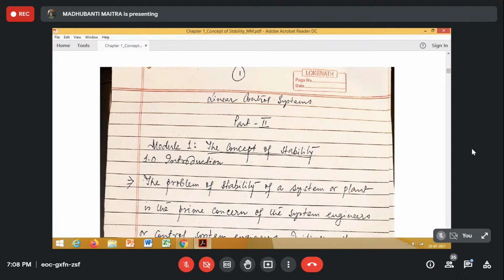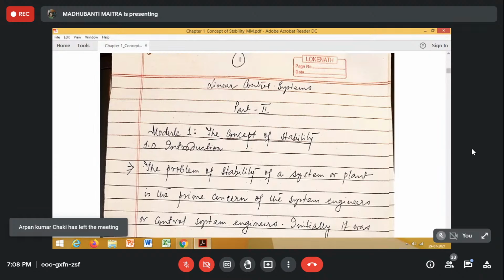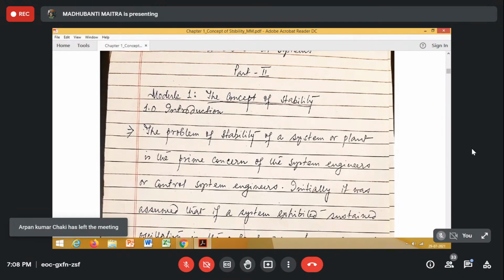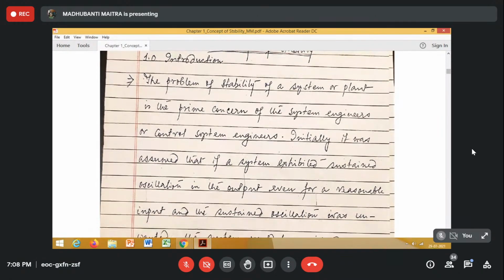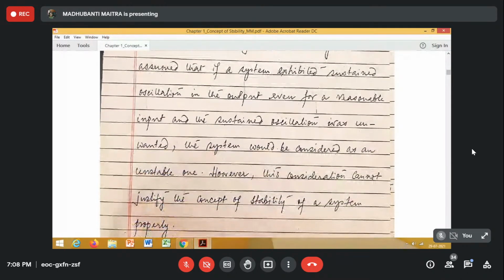But this consideration, this notion, is not a very clear one, or in other words, it's not a very accurate one, right? So we'll have to understand the notion of stability of a system in a detailed manner.